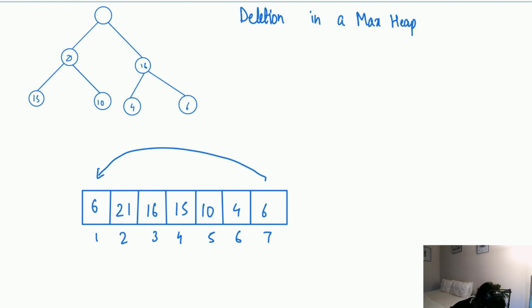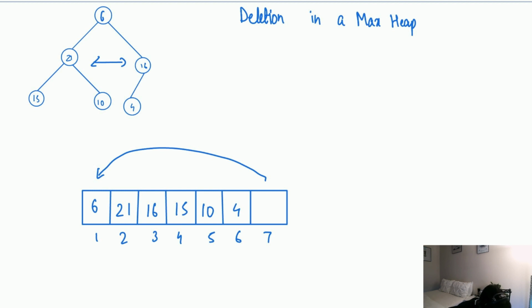At this point, we have a binary tree where 6 is at the first place. However, it does not satisfy our heap structure. To help us satisfy our heap structure, we reheap our binary tree. And how we do that is by comparing the root node's children nodes, and we consider the element which is the greater element, and we switch that.